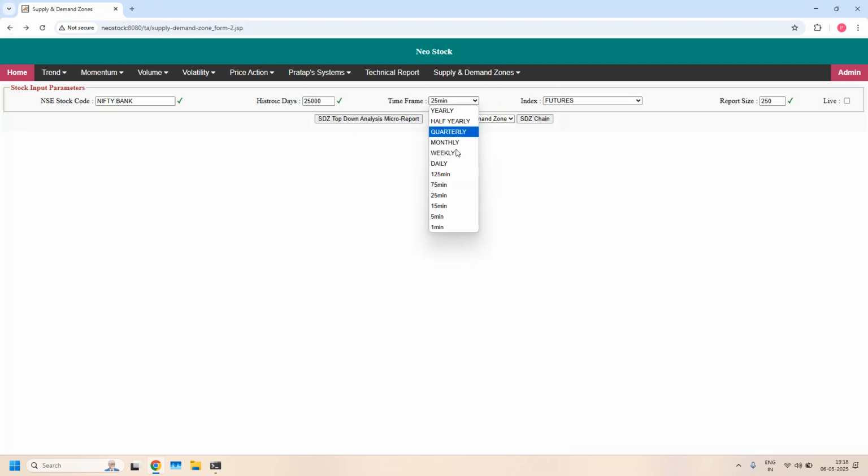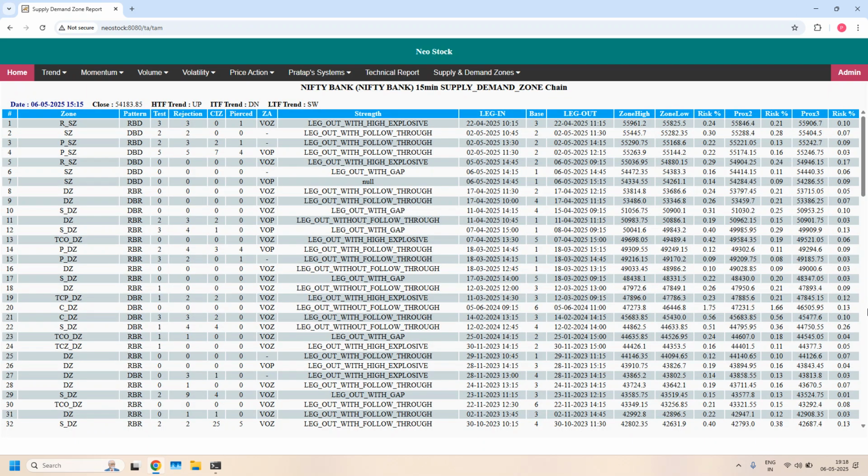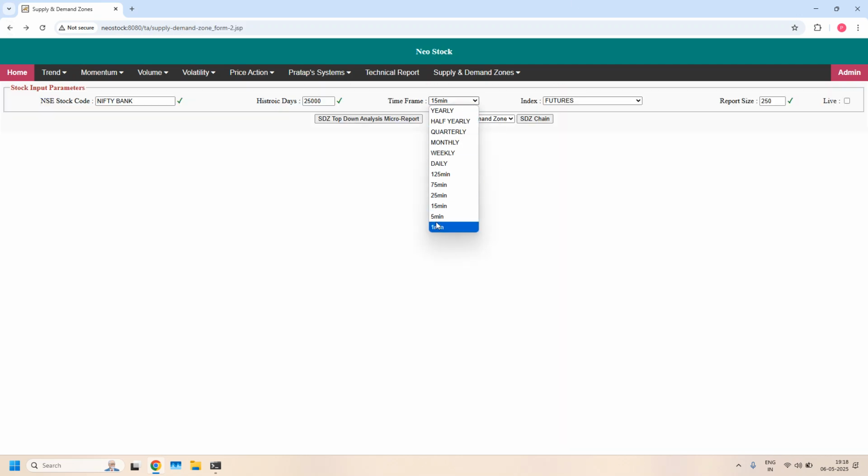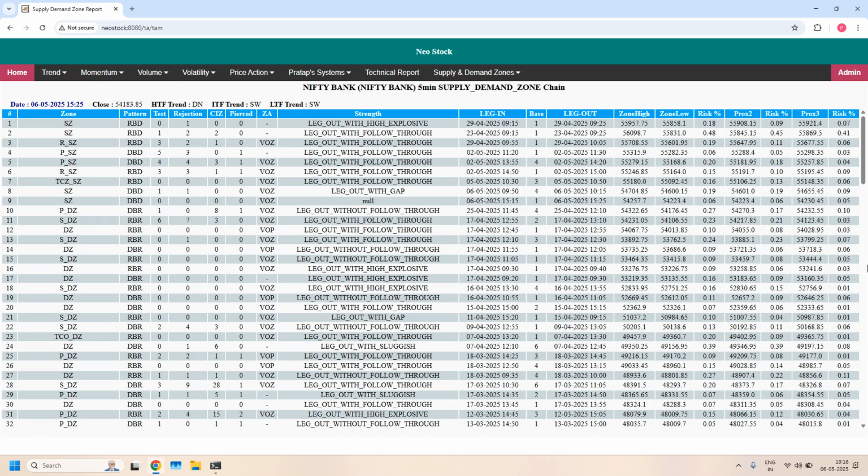Next, generating 15 minutes supply demand zone chain for Bank Nifty. Next, generating 5 minutes supply demand zone chain for Bank Nifty. So this is about Bank Nifty supply demand zone chain.